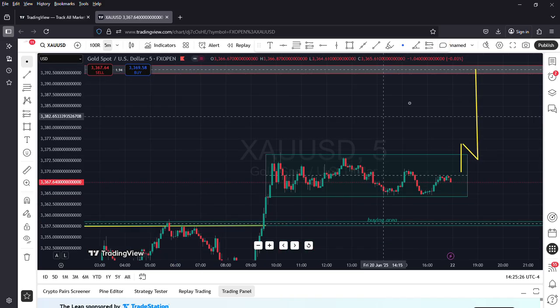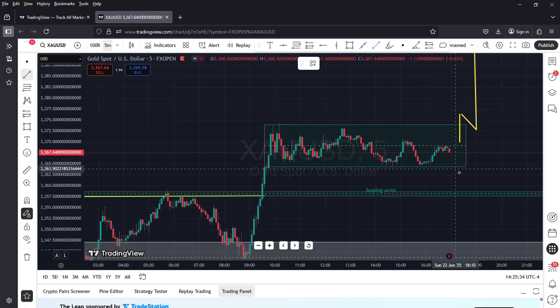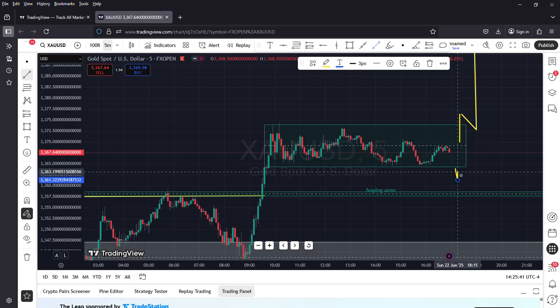If the market also decides to break out from this zone, it will be a short buy. Retest this area so we can buy to this zone before going further.